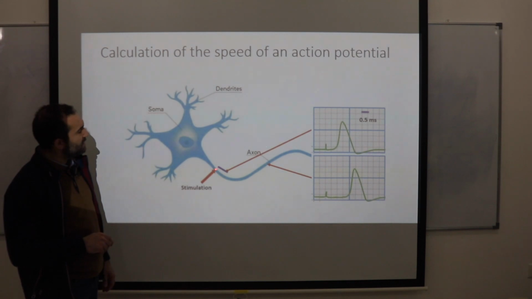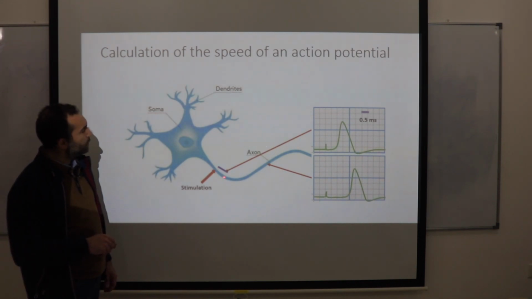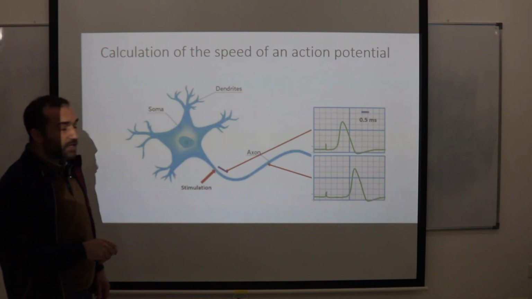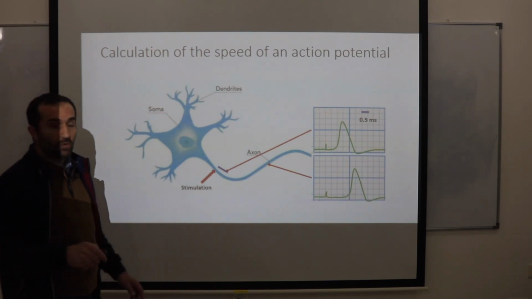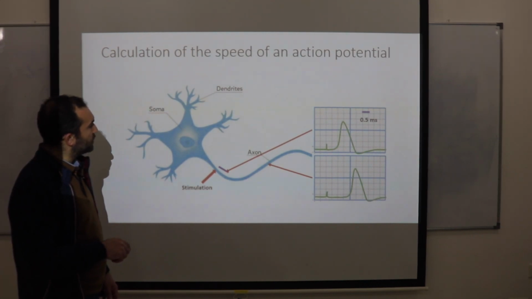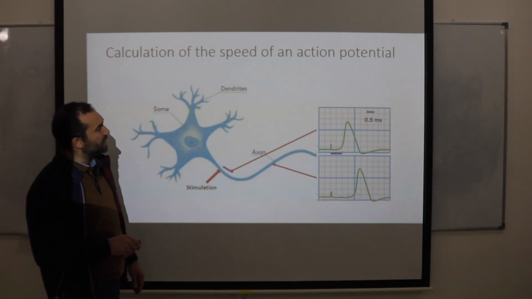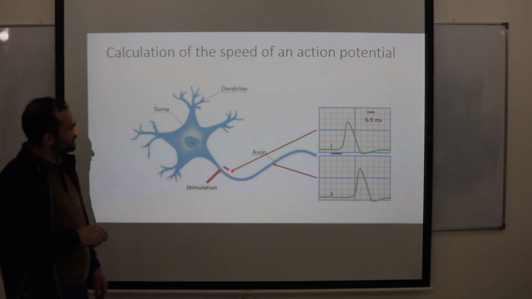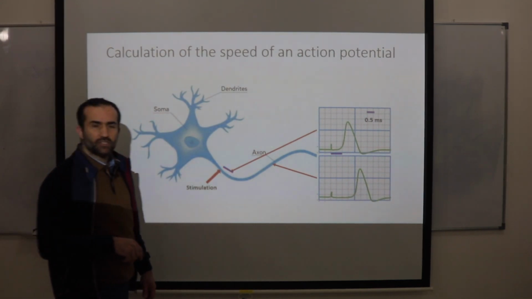And this distance from this point to that point is crossed by the action potential when the time passes from this point, which is the point where the stimulation is done, to this point where the action potential reaches the recording electrode. So this is the time needed for this distance to be passed by the action potential.